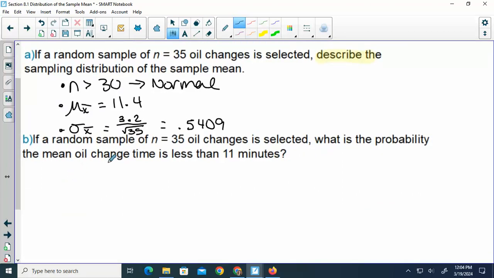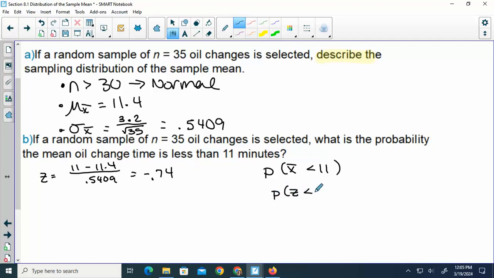Okay. So then part B, if a sample of 35 is selected, what's the probability that the mean oil change time, so the mean x bar, is less than 11? So we need to get our z, so our value minus the mean that we found in part A divided by the standard deviation. We get a negative 0.74.